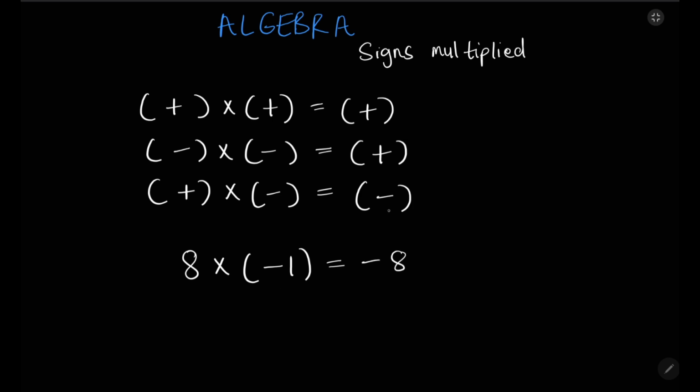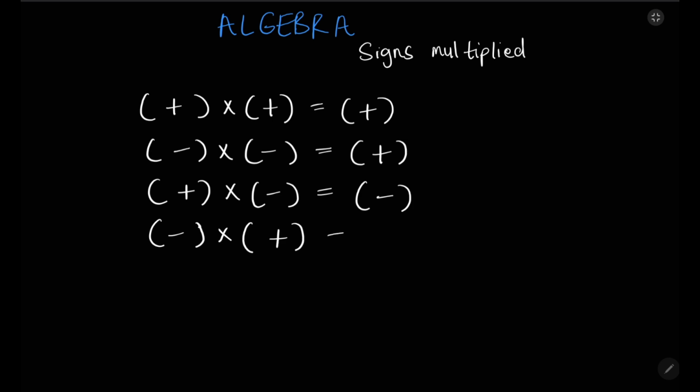So you'll always get a negative answer when you multiply a positive with a negative. But what if you multiply a negative with a positive? Your answer will still be a negative. For example, if we have negative 2 times 8, your answer will be negative 16.